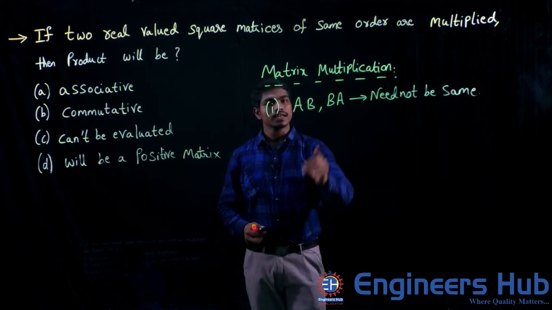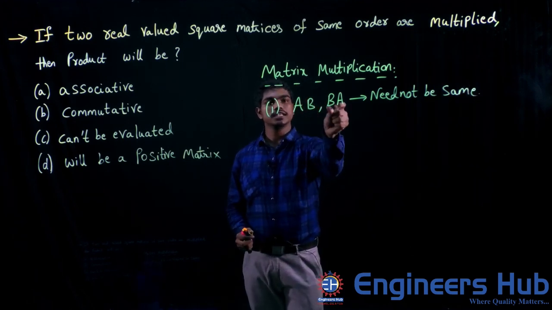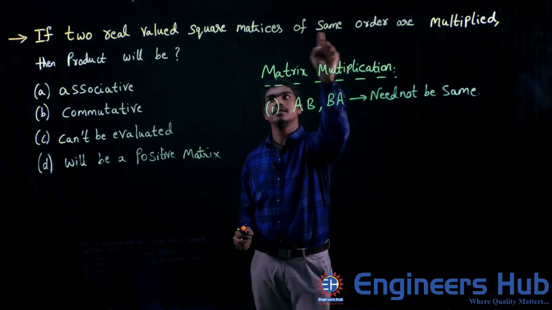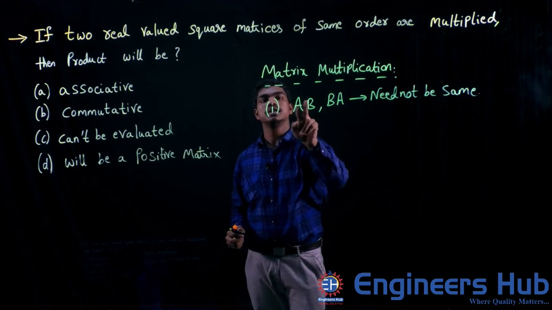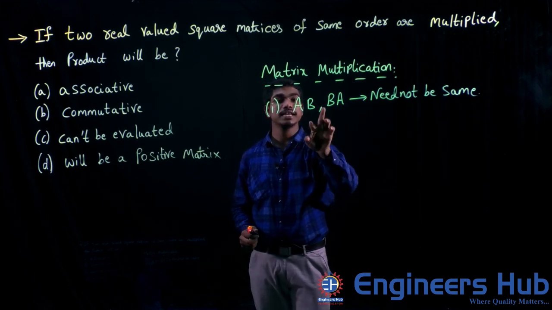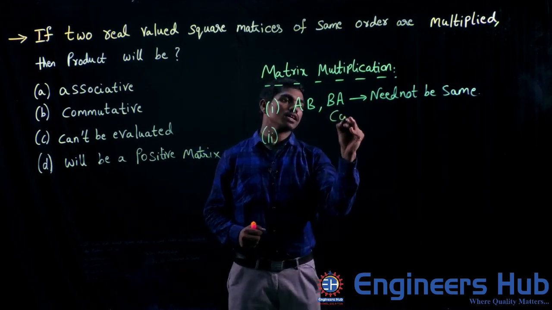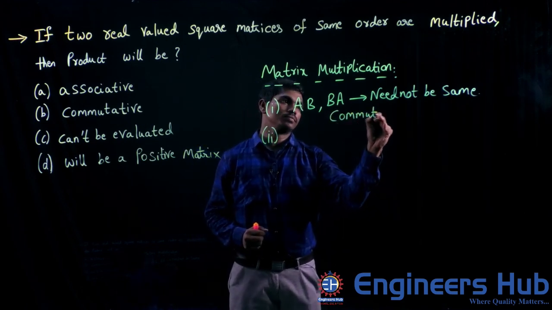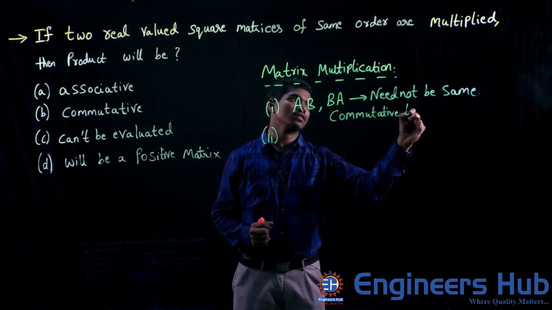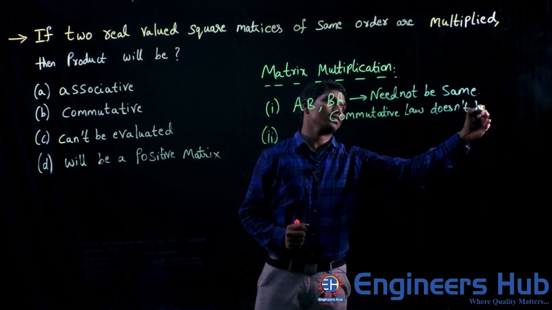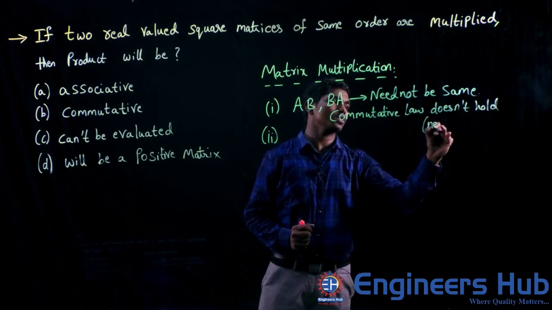And to be correct, sometimes even if AB exists, BA may not exist depending upon the orders. But for this particular question, since they have given both are square matrices of the same order, both AB and BA exist, but they need not be the same. So which means commutative law doesn't hold, or you can say need not hold.